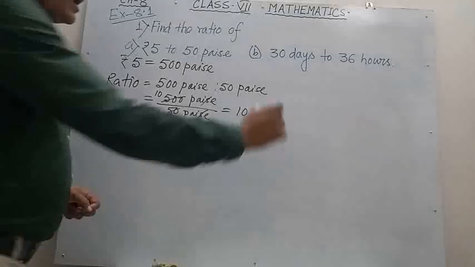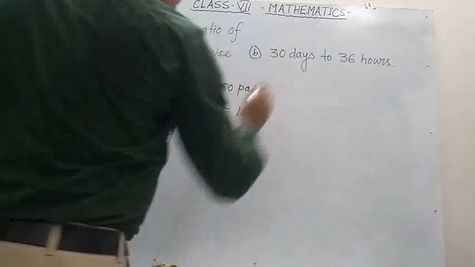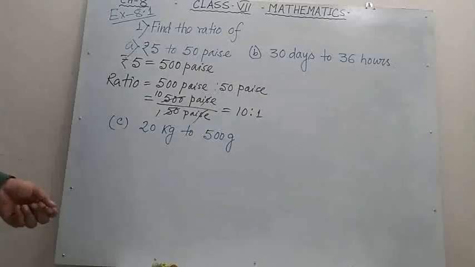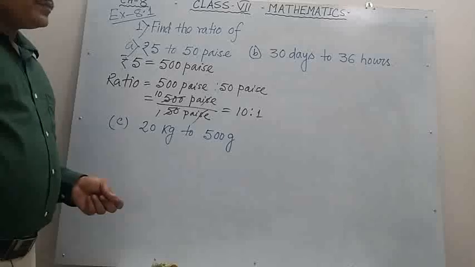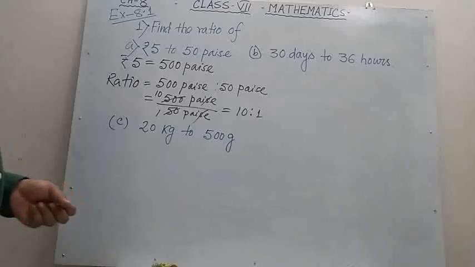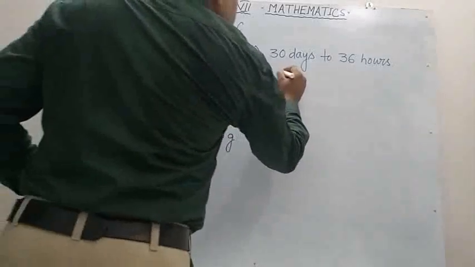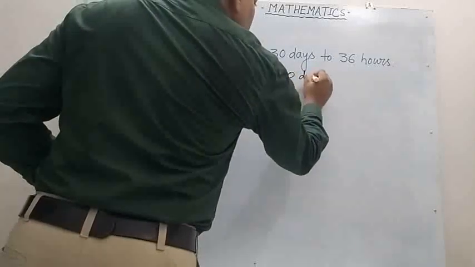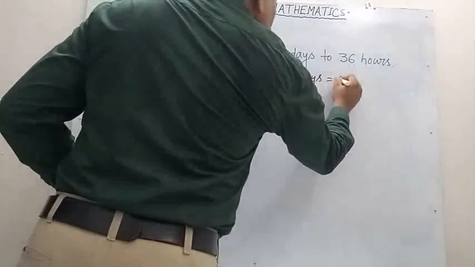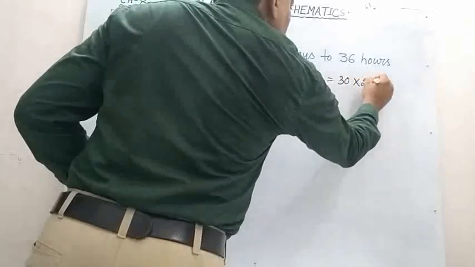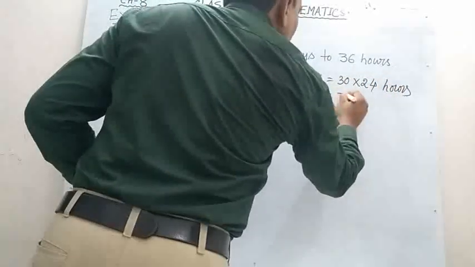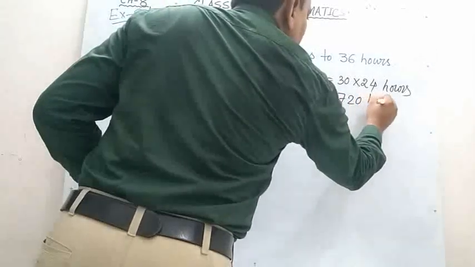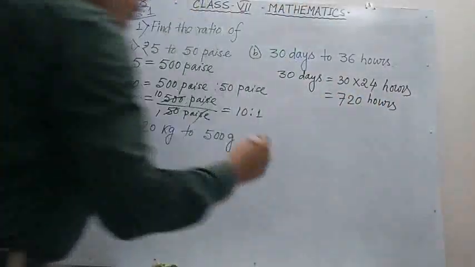Next, B, 30 days to 36 hours. We know that in a day there are 24 hours. So 30 days equals 30 into 24 hours, which equals 720 hours.